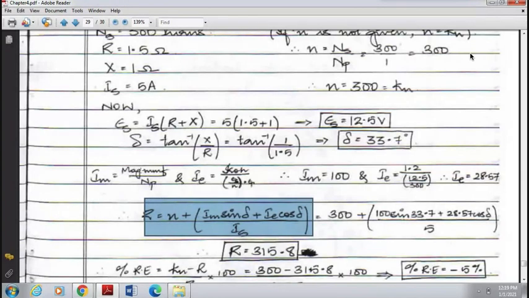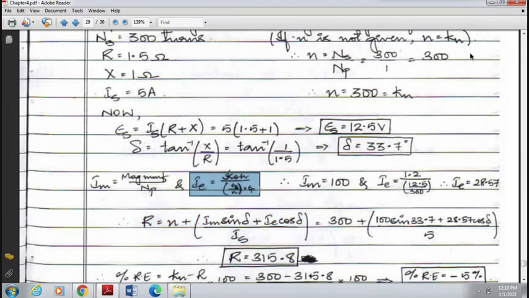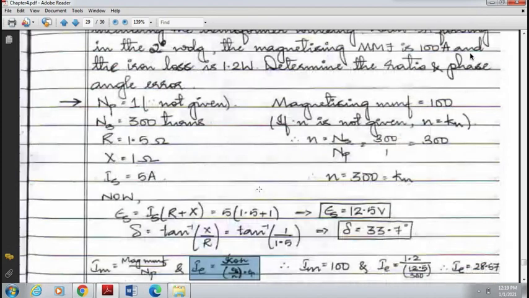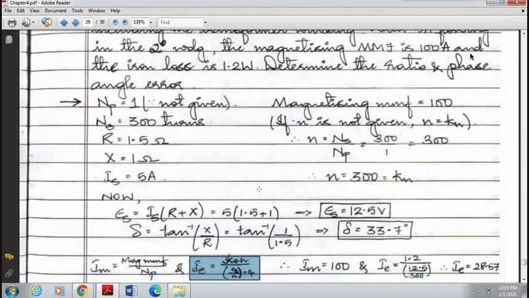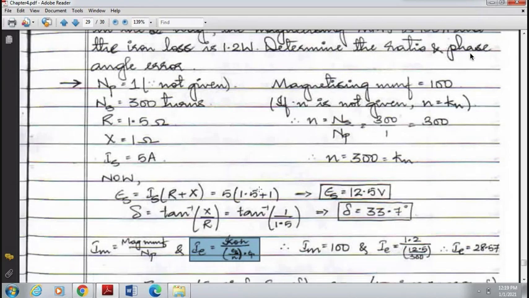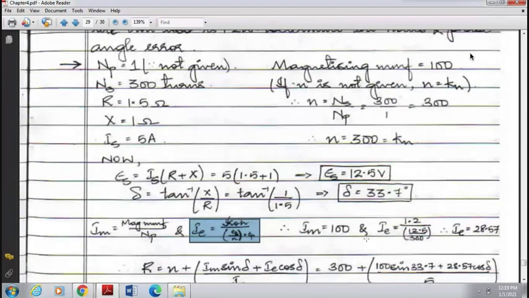So Np is taken as 1, so directly Im will be equal to 100 amperes. Whereas to find out Ie, we have to use the iron loss. What he has given here? He has given the iron loss. Ie is iron loss by either Ep or Es by n. You can take this. Im is equal to 100 amperes and Ie is equal to, find out what is this value.